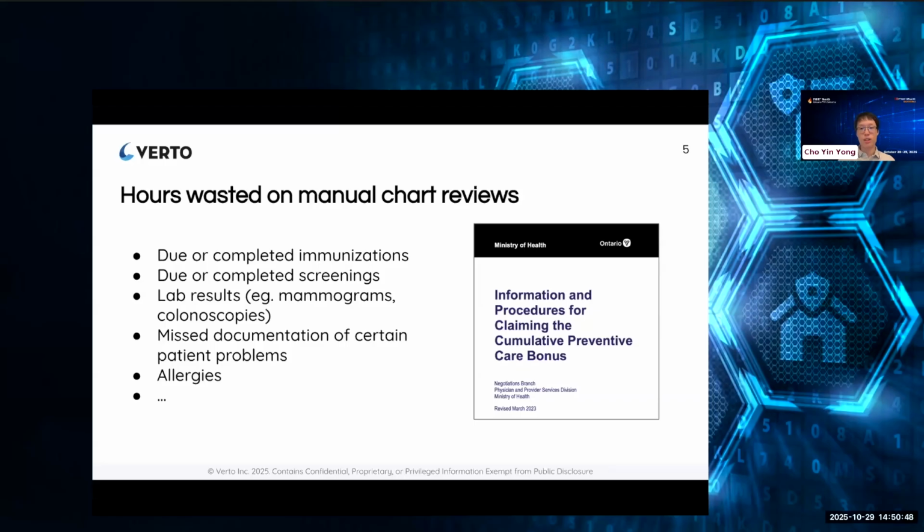One of the missed opportunities here is a program by Ontario's Ministry of Health on claiming the cumulative preventative care bonus. One of the biggest barriers to this is that the requirements of this preventative care bonus, all the data, is stored in unstructured text only.